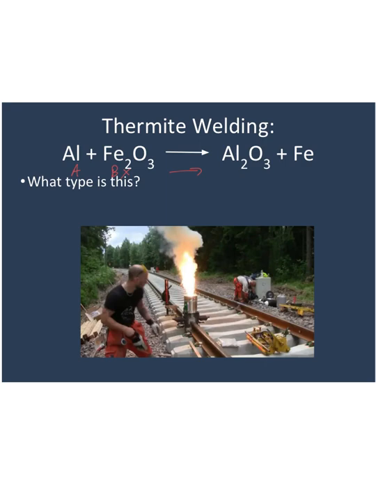Hey, that's the definition of a single displacement reaction. Go back to your types of reactions note and write down this equation as your example of a single displacement reaction. Pause the video here until you've done that.